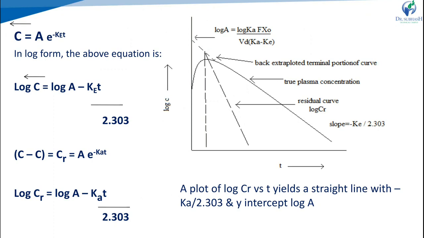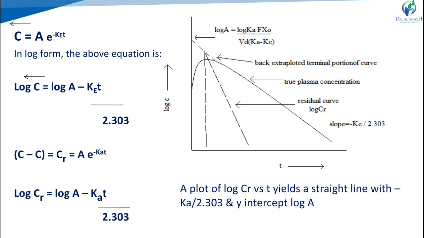Initially we first get the true plasma concentration curve. From the true plasma concentration curve we can get the slope, and from the slope the Ke value. Slope is equal to minus Ke upon 2.303. From the true plasma concentration we get the back extrapolated line, extrapolating it to the y-axis, so we can get the log A intercept.